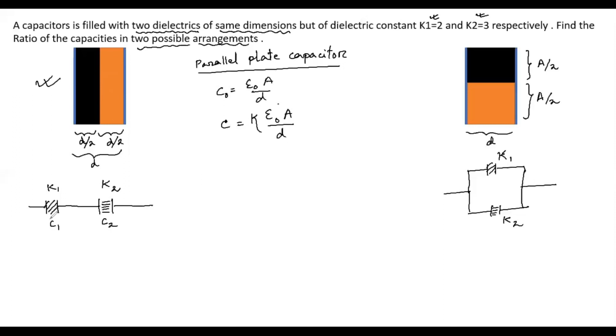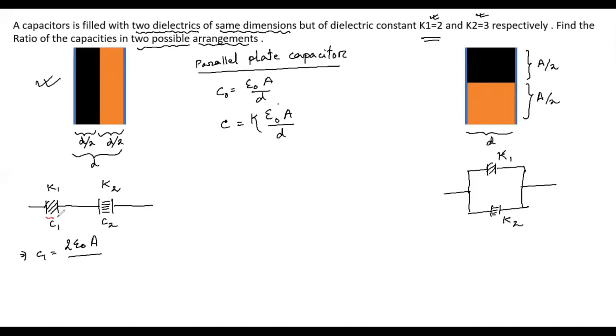Right. Now for C1, here it is having a dielectric constant K, and this value is given to us, which is 2. So 2 epsilon naught, and since the area is the same as the area of the metal plates, that area will be A, but the separation between the plates, we will consider as d by 2.